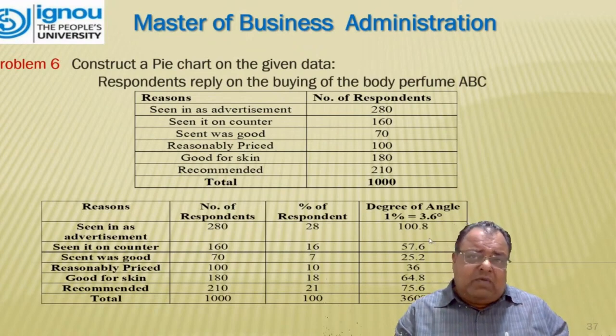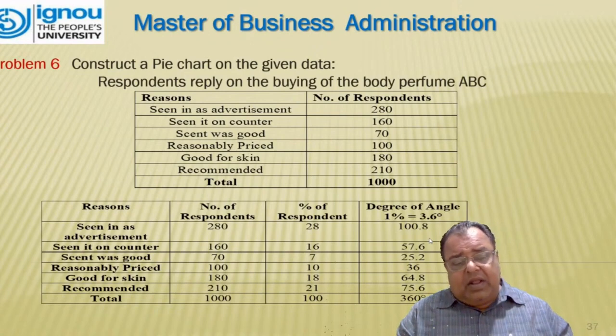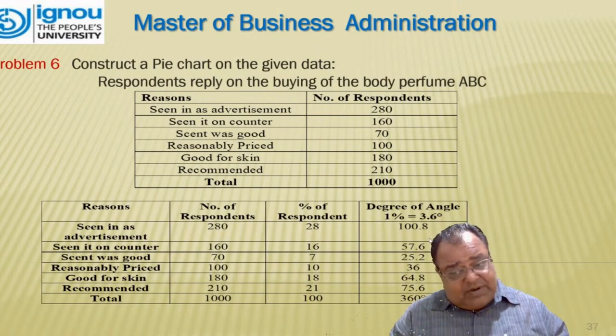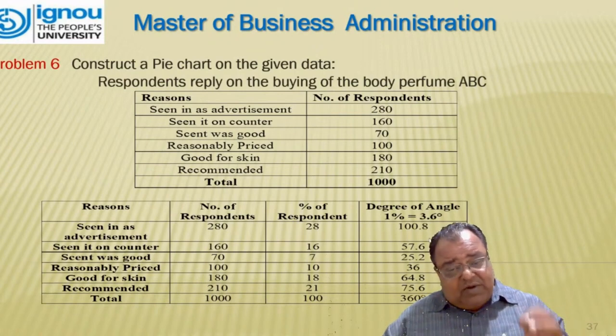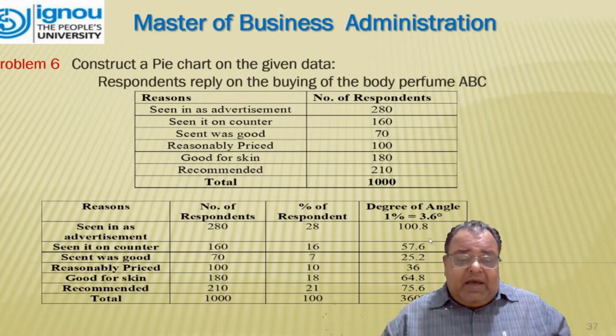Now, for drawing up a pie chart, we have to calculate 2 more columns. How is this calculated? We have column number 1 and column number 2 given in the problem.